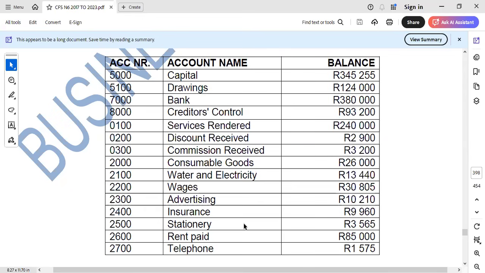Okay, so the next amount that we have here is drawings. Remember, when you do the note for owner's equity, you will say capital less drawings.